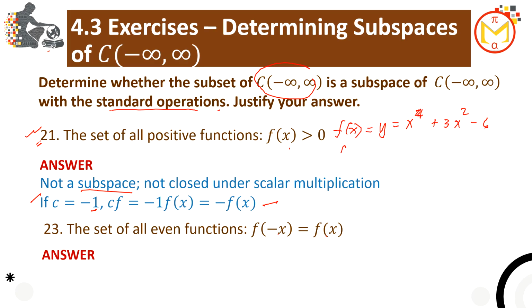Now, if I replace x with negative x, negative x raised to 4 plus 3 times negative x squared, what will happen? Of course, even exponent, that will be the same, plus 3x squared minus 6. We can say it is the same as f of x. So f of negative x is the same. So that is even.